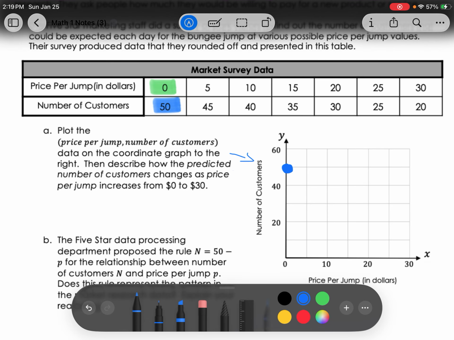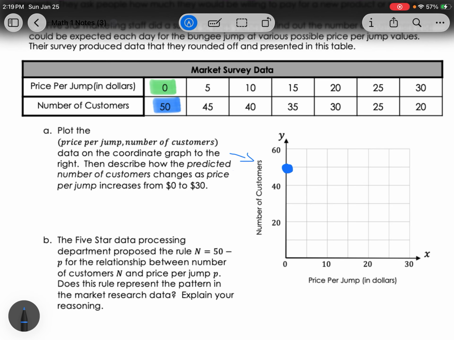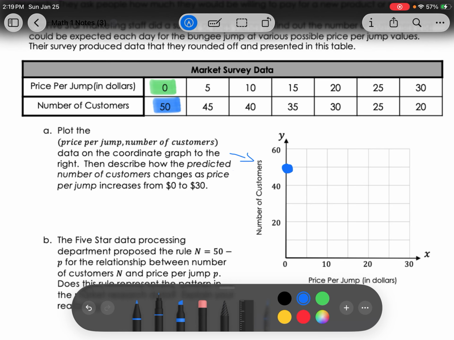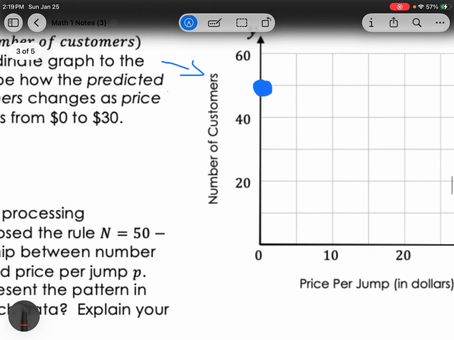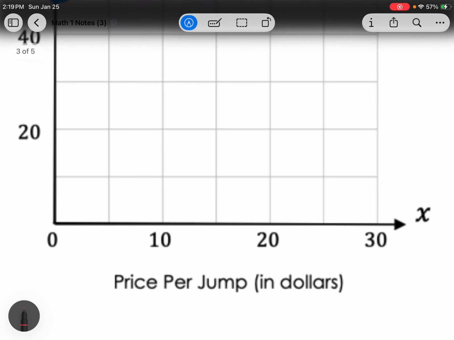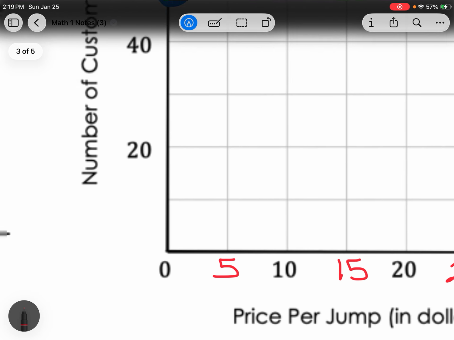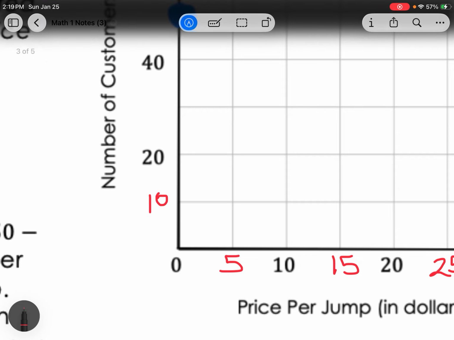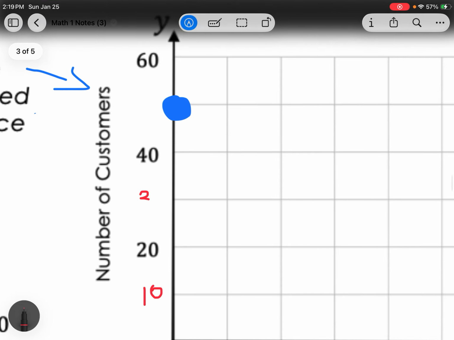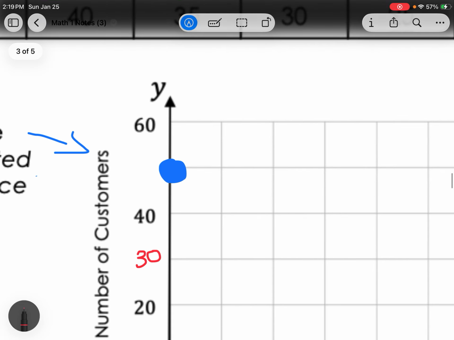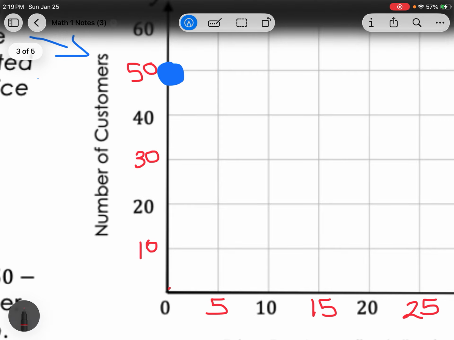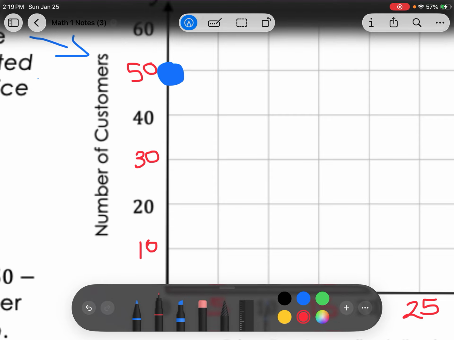We're going to continue plotting our points on our paper. If you're confused on how I did that, please remember that these blanks here can be filled in with numbers. For instance, 0, 5, 15, 25, over here is 10, 30, and right up here is my 50. So again, if I have $0 per jump, we went all the way up to 50 customers.